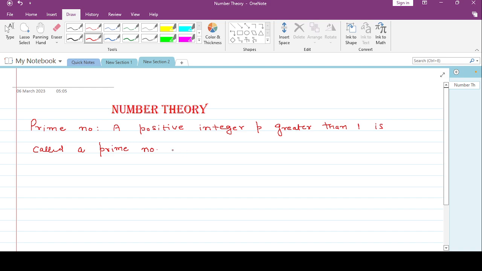If the only positive factors of p are 1 and p, meaning the only divisors of this number p are 1 and p, then it is called a prime number.